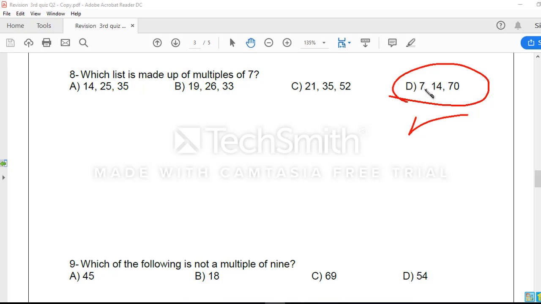If you repeat the 7 one time, it's 7, another 7 gives you 14, and 10 times gives you 70. This one, 21 is okay, 35 is okay, 52 is not okay, so I cannot take it. This one, 19 is not okay, 26, 33, all wrong. This one, 14 is okay, 25 is not, 35 is okay. So we cannot choose A.